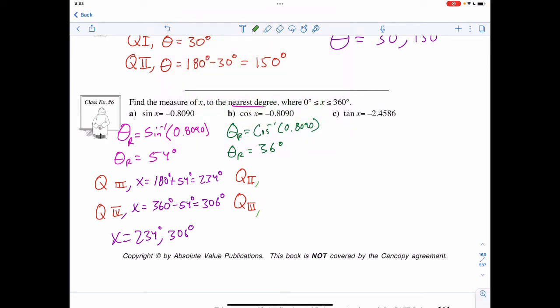In quadrant 2, I can say that x is equal to 180 minus 36, or x is equal to 144 degrees. In quadrant 3, x is equal to 180 plus 36, or 216 degrees. X is either going to be 144 or 216 degrees.